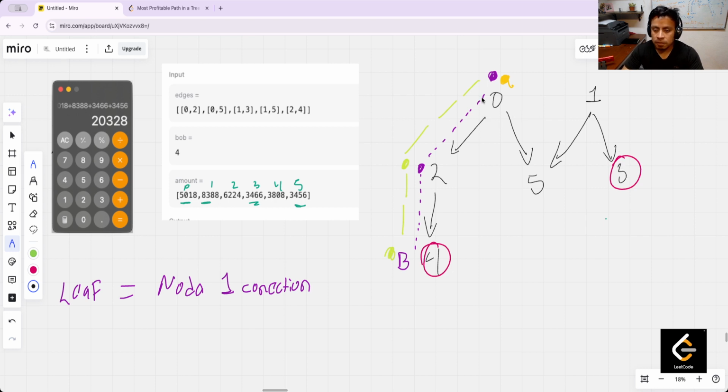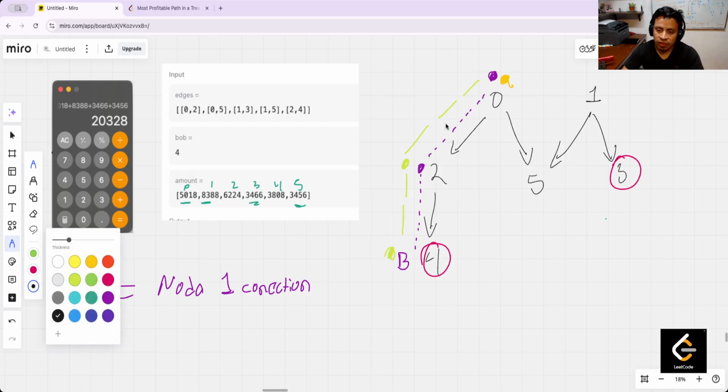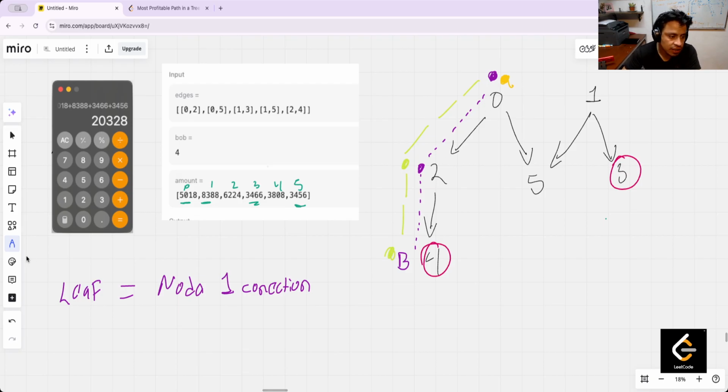And now, if we know that this is the leaf, what is the way to discover this path? Well, I think that for this, the first thing is to try to forget that this is a tree, because in essence it's more a graph. Okay, let me represent this in another way.